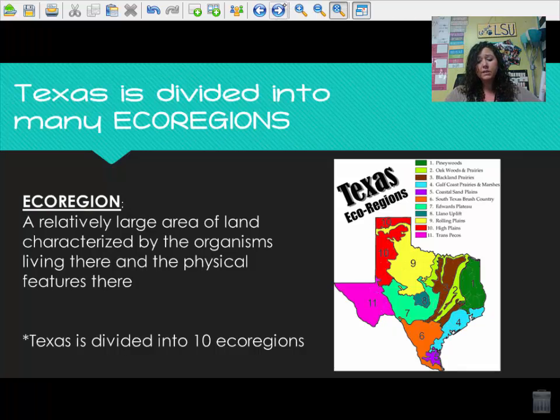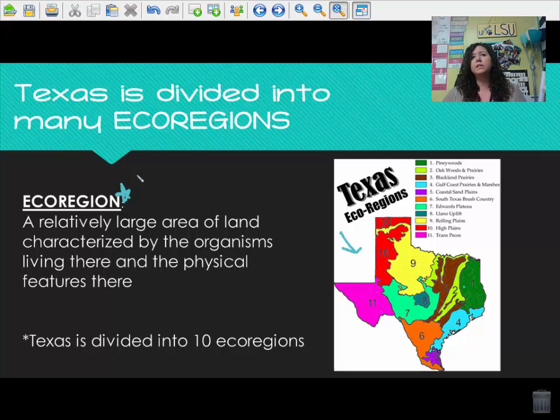Okay, so the first thing we need to know is that Texas is divided into what they call ecoregions. Here's a picture of Texas, which as we know is a pretty large state. Basically it is divided into 10 sections. We call these sections ecoregions. All an ecoregion is, it's a large area of land, and it's characterized by the types of organisms that live there and the physical features there.